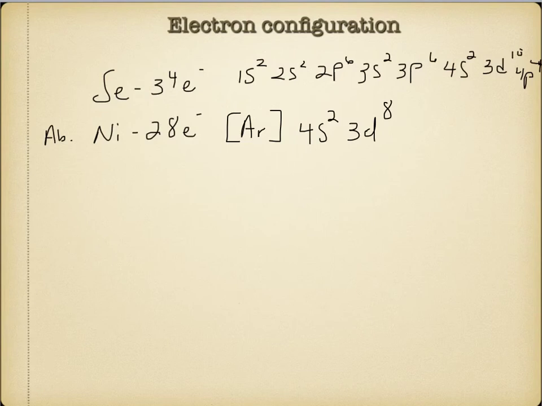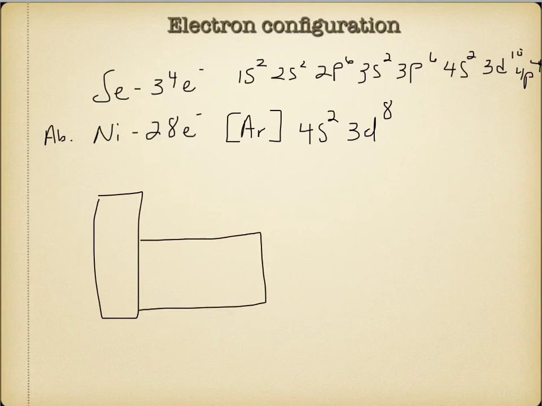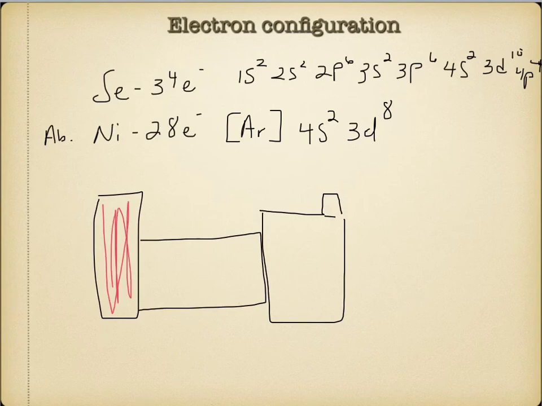So yeah, electron configurations aren't too bad as long as you follow the periodic table and know that the D block scoots down. So if we were to draw a makeshift periodic table here, then this is the S block, along with helium over here.